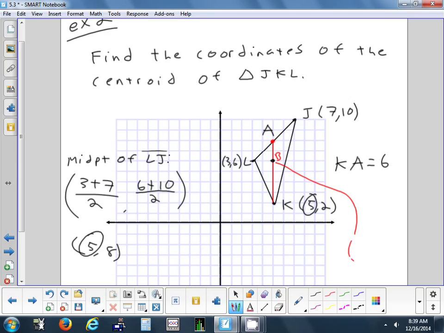So just write down your coordinate. It's right 5, and then up 6. Here are the coordinates of your centroid. Any question how we found that? Okay, so not too bad.